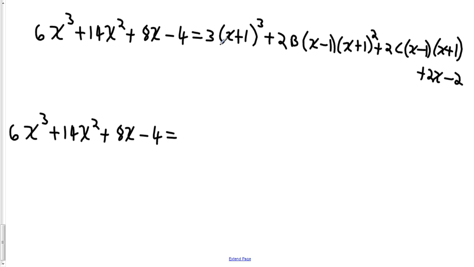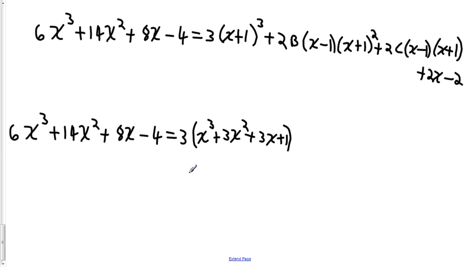Let's see the multiplication. When you multiply this, you can use the binomial theorem to do this, or Pascal's triangle. But when you multiply, this is going to turn into x to the third plus 3x squared plus 3x plus 1.